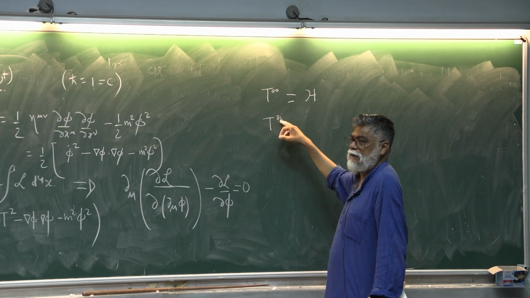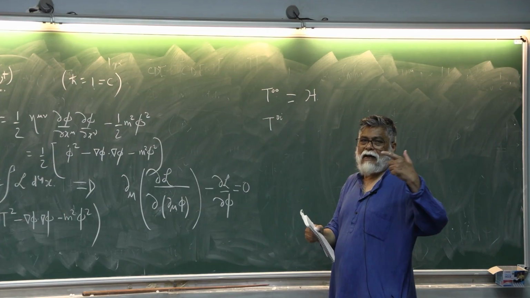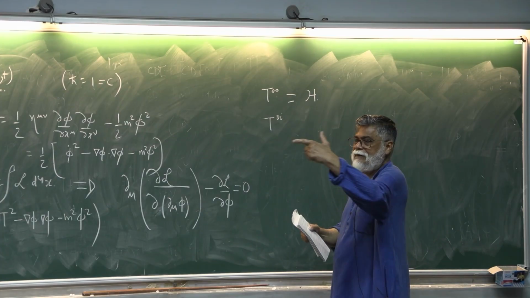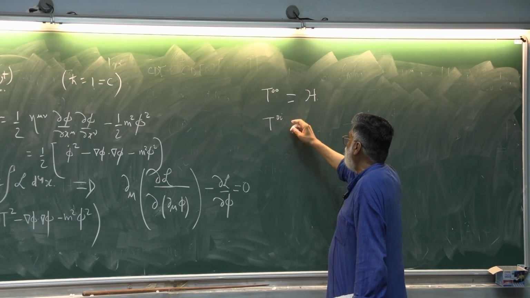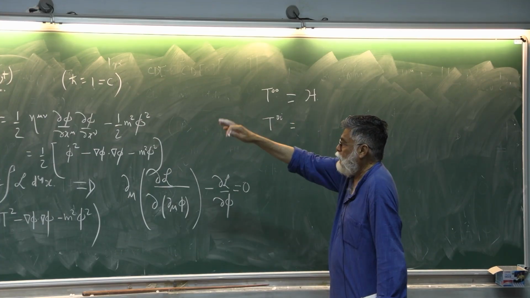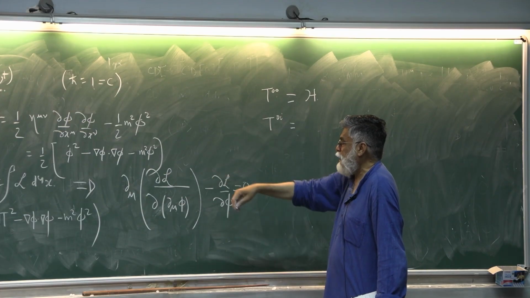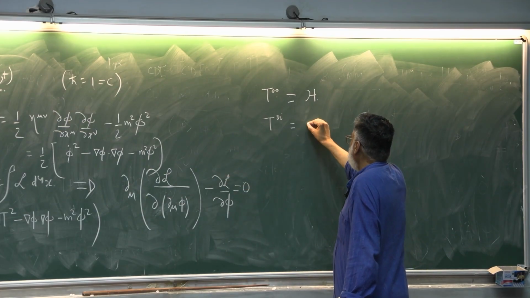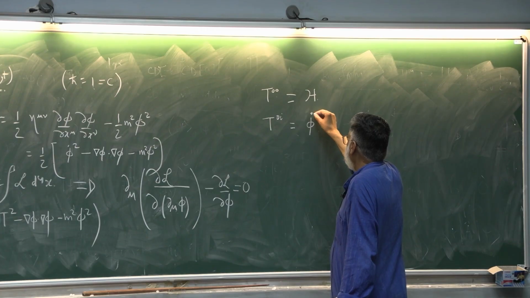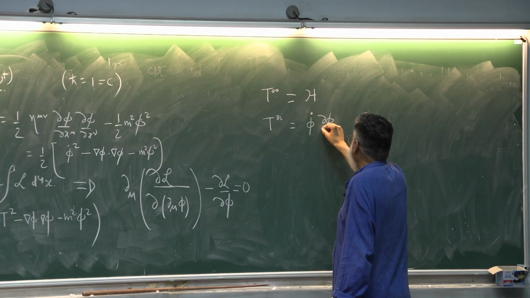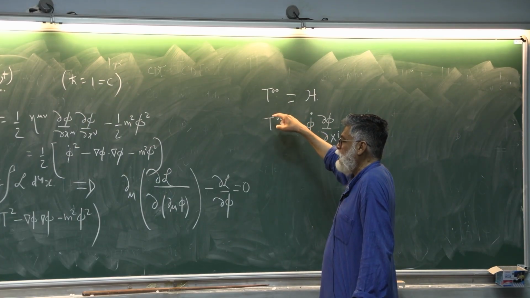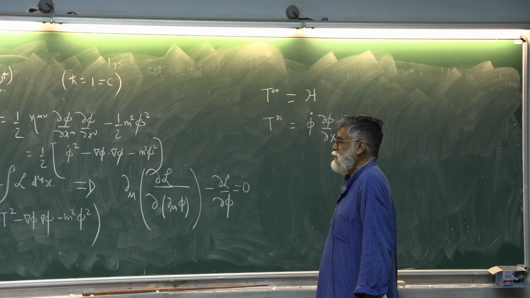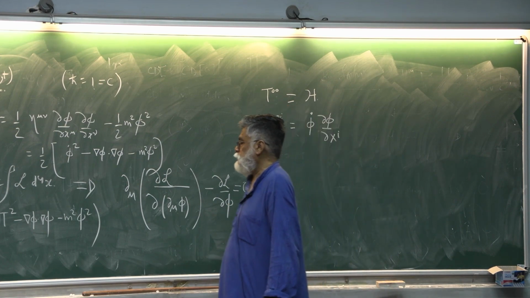T0i, the interpretation of T0i, is the momentum in the ith direction, its density. You can show that for the real scalar field, it turns out to be phi dot times del phi by del x i. I'm not going to show it because it takes a lot of time to obtain the energy momentum tensor using the Noether theorem.